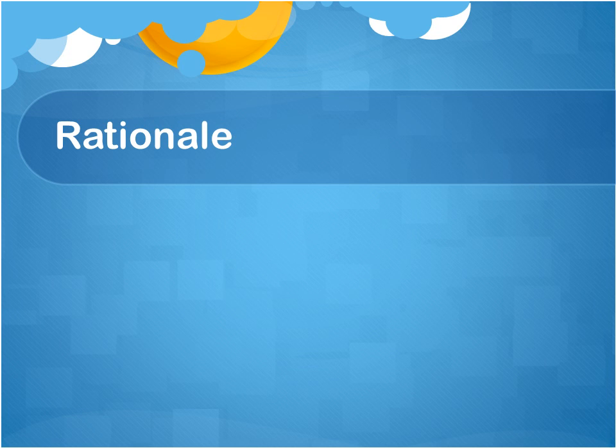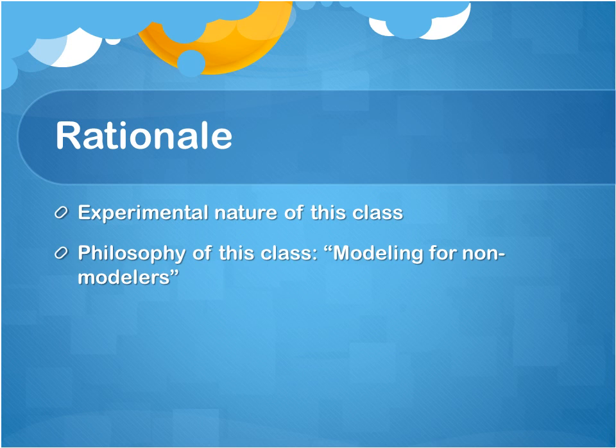This class is essentially experimental in nature. This is the first time that the class has been taught. It is the first time that the class is being taught in this purely online format and in an open format. The philosophy of this class is what I call modeling for non-modelers.